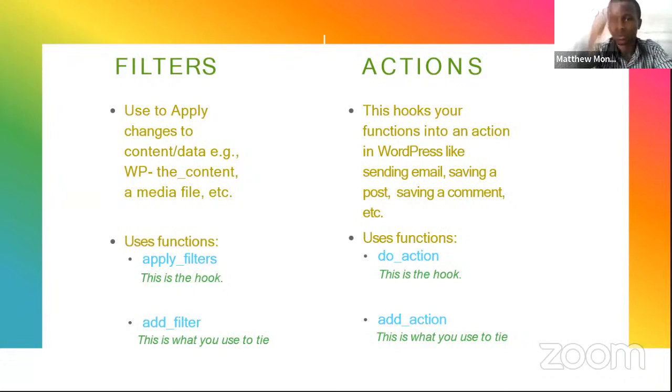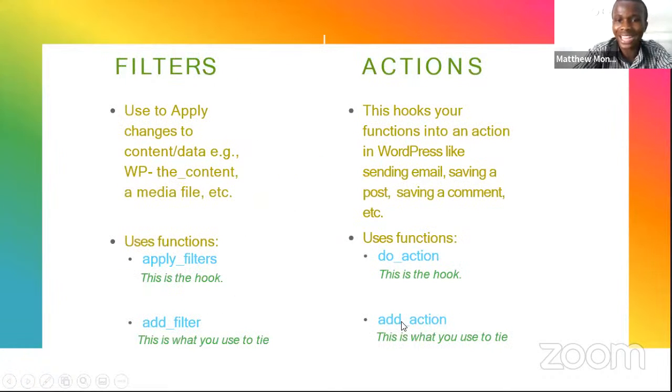A good example is that you can always find do_action the moment a user logs into the website, so you are able to redirect the user to a page you prefer. There can be a do_action after a user registers on your website. That do_action can be called action after registration. Now you need to embed your own code of what should be performed after that action takes place. So this is the function that enables you to do that, the do_action function.